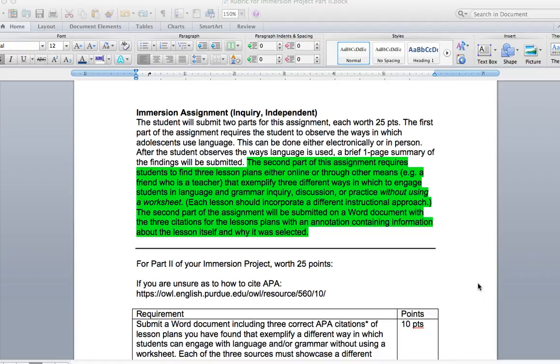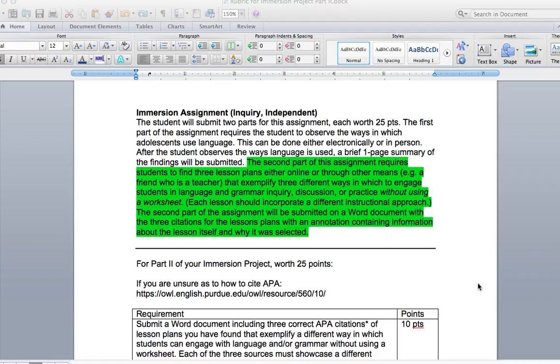A lot of grammar instruction goes hand in hand with worksheet work. So you want to utilize something that is without a worksheet. You can try and find these on sites like Read, Write, Think. However you find them, they all do need to be different ways, even if you're finding them on the same site.